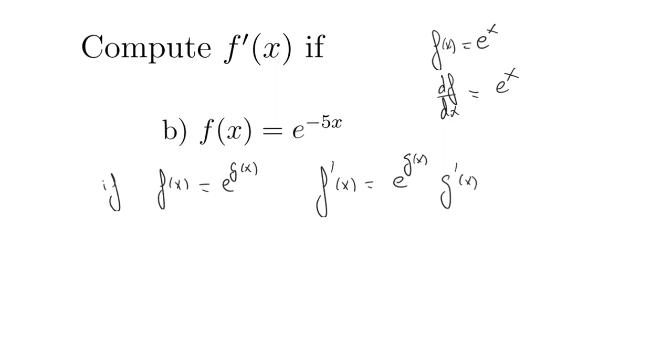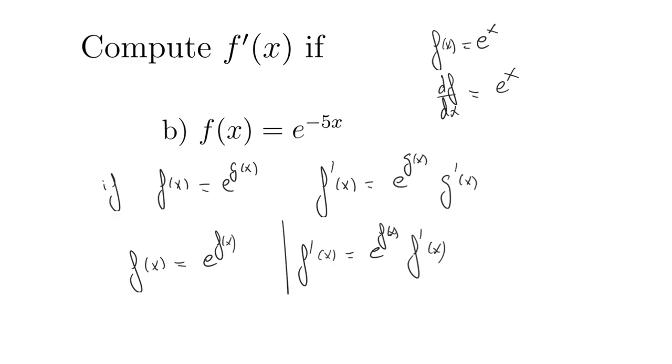So what happens if f of x now is not e to the x, but e to the power of f of x, like this one? Now the derivative f prime of x is e to the power f of x multiplied by f prime of x. So let's apply this rule to find the derivative of this function.